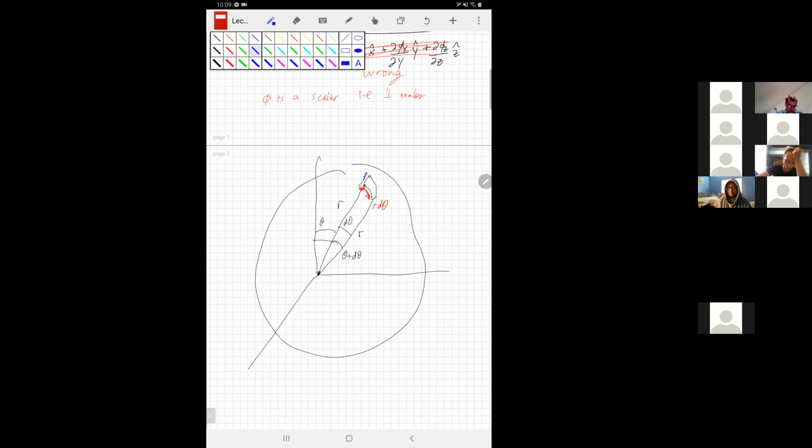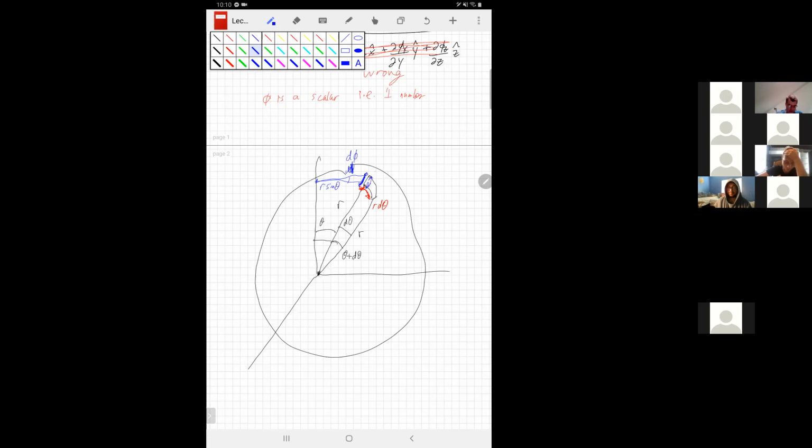Then we've got this other direction. And again, the distance swept out is going to be the radius multiplied by an angle, and that angle is going to be d phi. But now the distance here is the distance from the axis, and the distance from the axis is r sine theta.